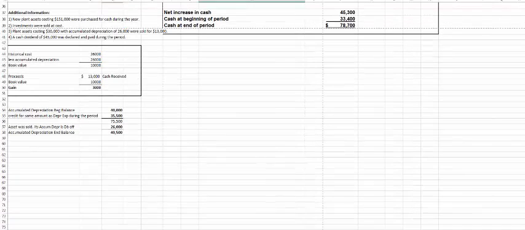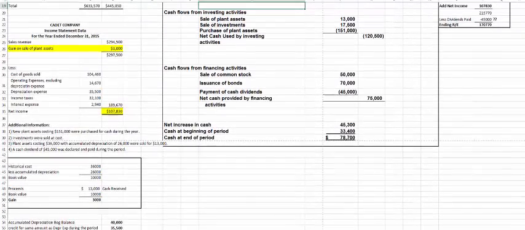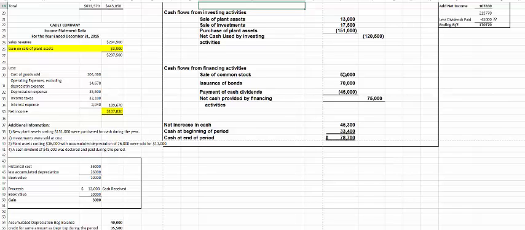Moving on down here to our cash flows from our financing section. We sold common stock for $50,000. We issued bonds for $70,000. And then we paid out cash dividends of $45,000.